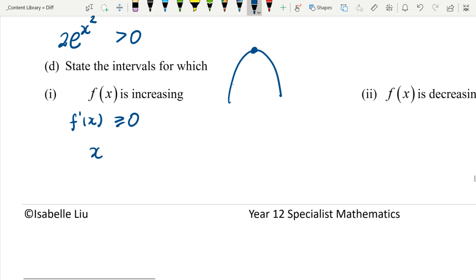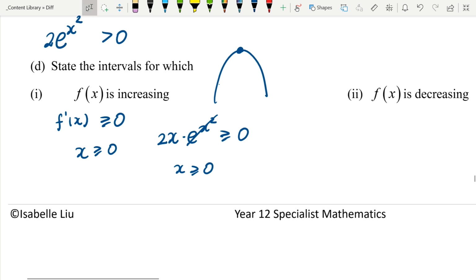So I would just say x greater than or equal to 0, because 2x times e to the power of x squared greater than or equal to 0, and that part is just a positive number, so I can divide both sides by it. Then I have 2x greater than or equal to 0, so x greater than or equal to 0. The decreasing function is just x less than or equal to 0. So you will have a turning point at 0.